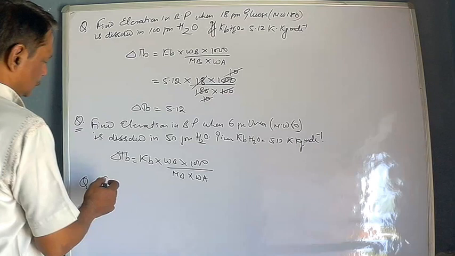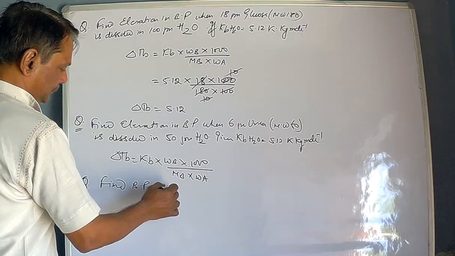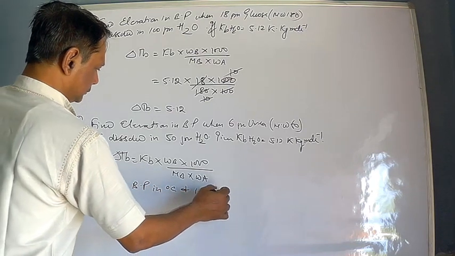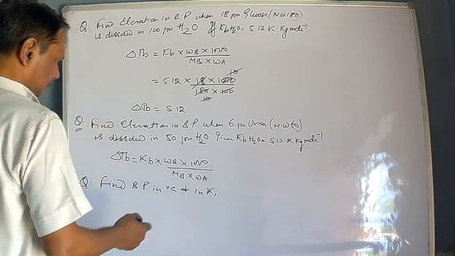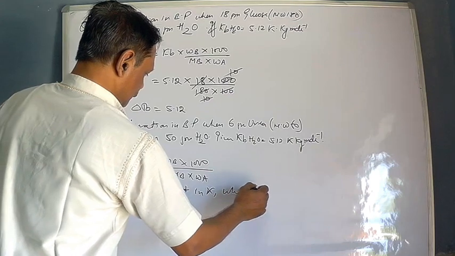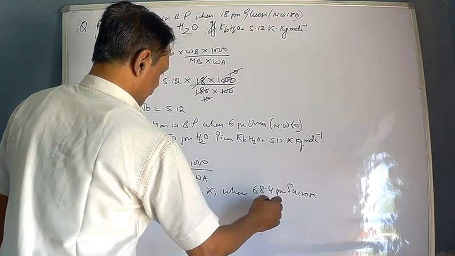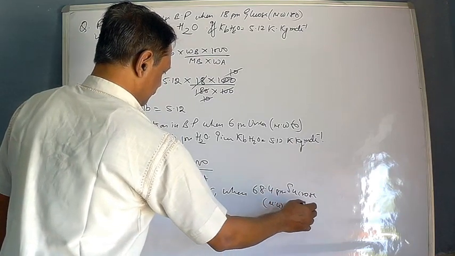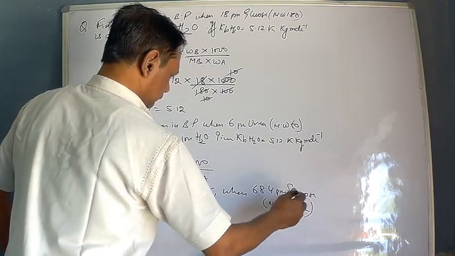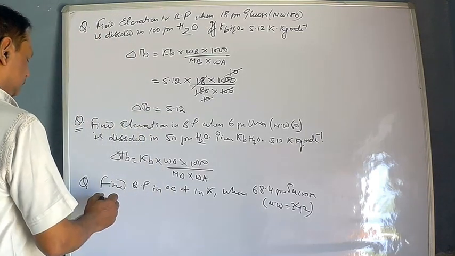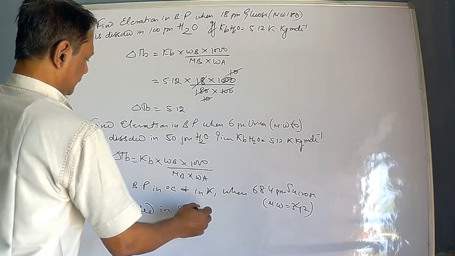The second numerical which you will be solving is a little bit tricky. Find the boiling point in degree centigrade and in Kelvin when 68.4 grams sucrose, molar mass 342, is added in 200 gram H2O.